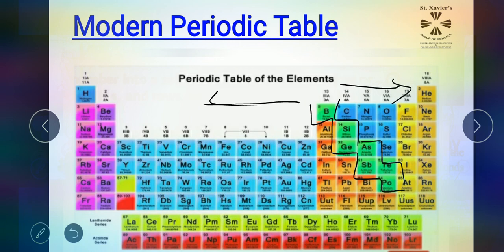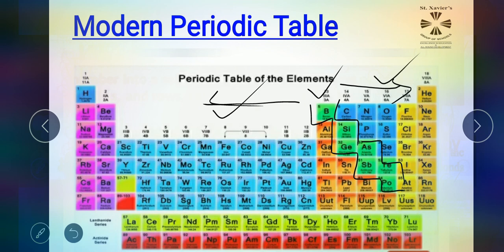So on the basis of this zigzag line, we can divide the modern periodic table into three regions: metals, non-metals, and metalloids. Along the zigzag line, the green color boxes are metalloids. The right hand side is non-metals, and the left hand side is metals. So we can divide the modern periodic table into three parts.